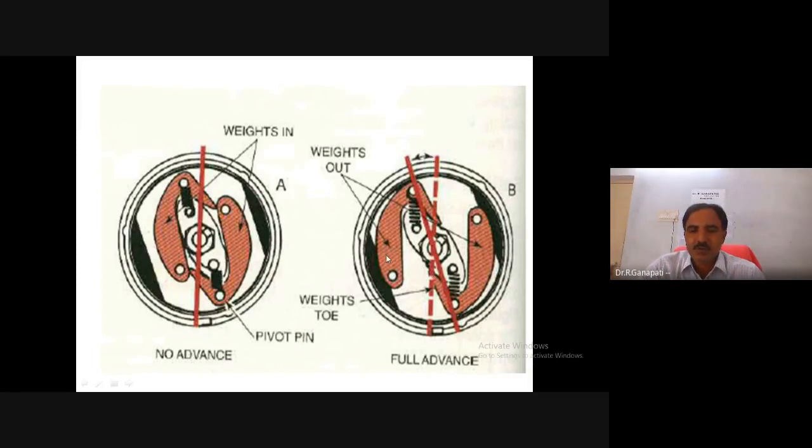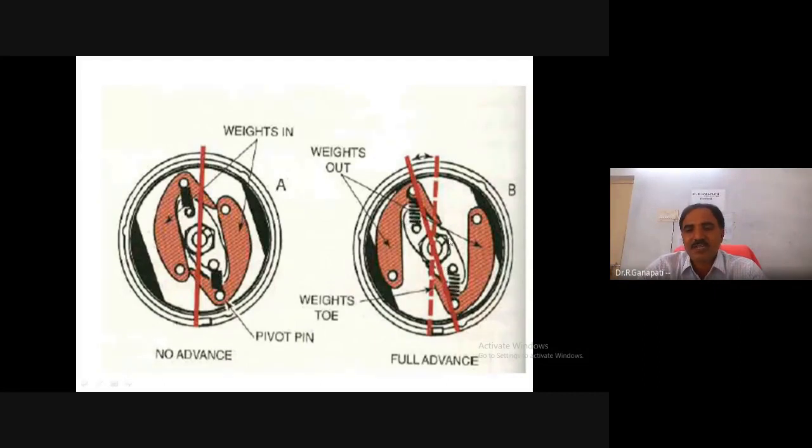Okay. So this cross piece slightly changes its position. When the flyweights slide, they change the movement with the help of the pegs.